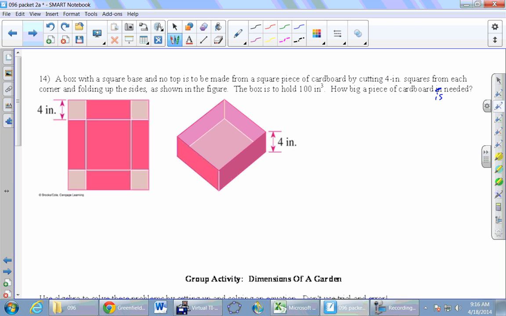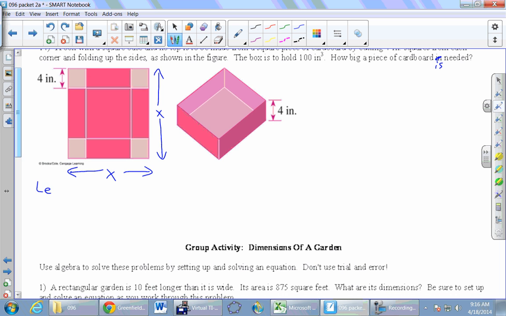So it feels like that would be a really good thing to call x. Is that fair? X is going to be the length of one side of this piece of cardboard, but it's a square, so it's the same on the adjacent side. So we can write that.